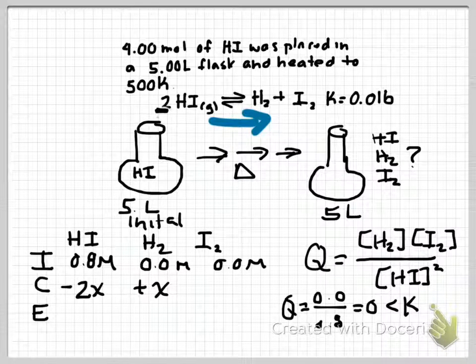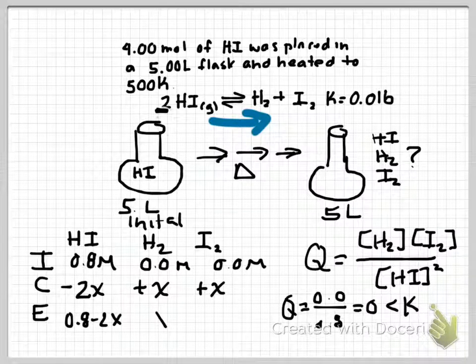And then my hydrogen is going to be positive x, and my iodine will also be positive x. From here, we can calculate our equilibrium conditions, which is simply going to be 0.8 minus 2x, x, and x.